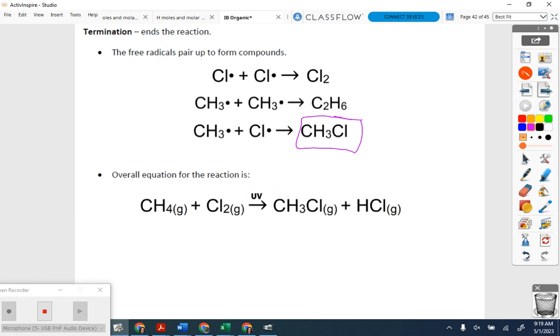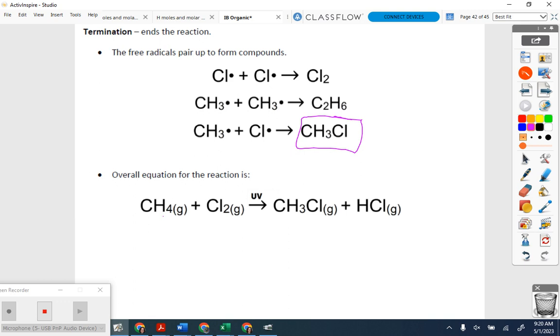And so when we write the equation, we're saying that we've got methane and chlorine, the diatomic chlorine molecule, in the presence of UV light. We're going to end up with some chloromethane and HCl, hydrochloric acid.